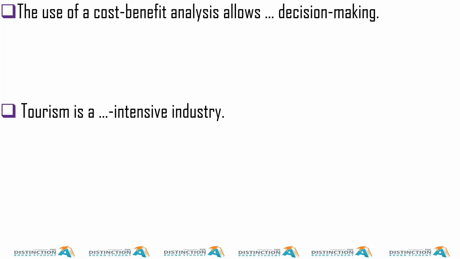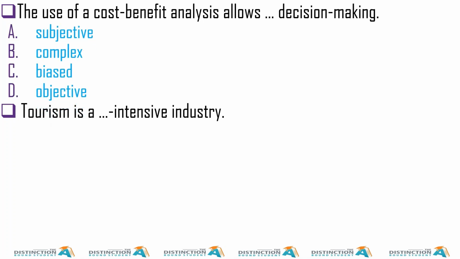So we won't do that. Now, when you're doing that, what can you say about your decision making? Would you say that your decision making is subjective? With CBA, you look at the cost, you look at the benefits. That doesn't sound like being subjective, because subjective decision making is influenced by personal feelings.